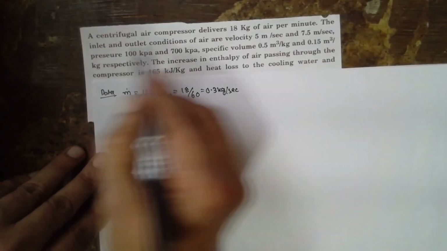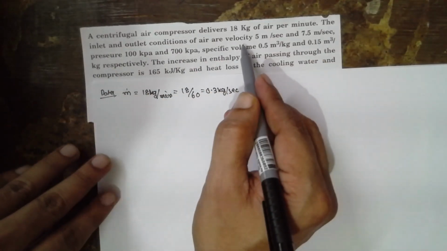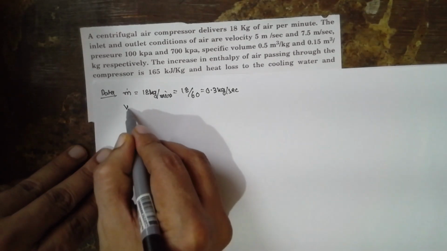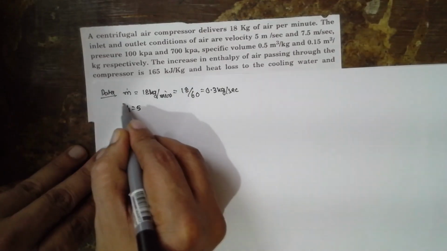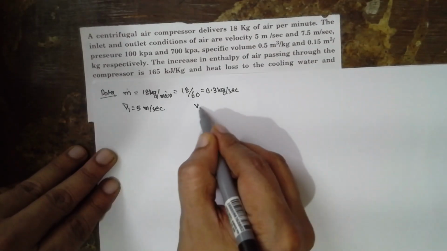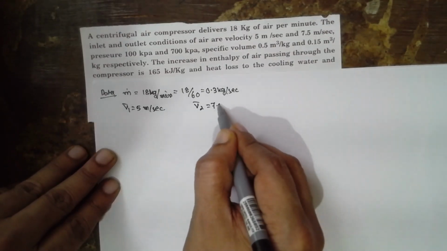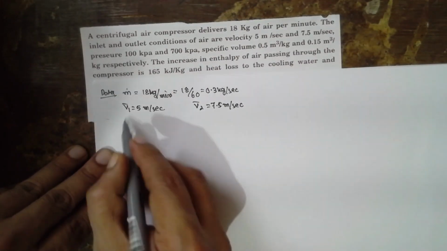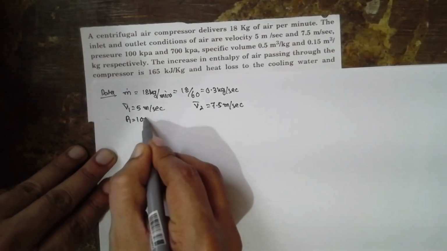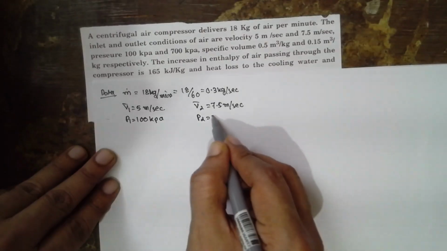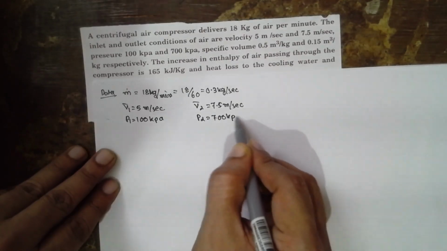Next, the inlet and outlet conditions of air are given. Velocities are given in terms of inlet and outlet: V1 bar is equal to 5 meter per second and V2 bar is equal to 7.5 meter per second. Pressure P1 is given as 100 kilopascal and P2 is given as 700 kilopascal.